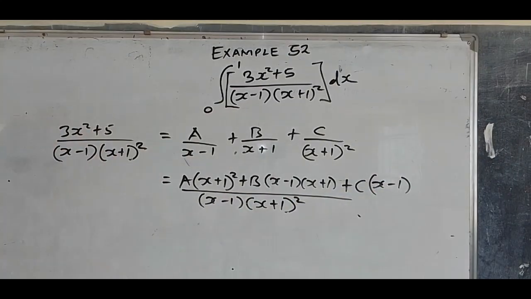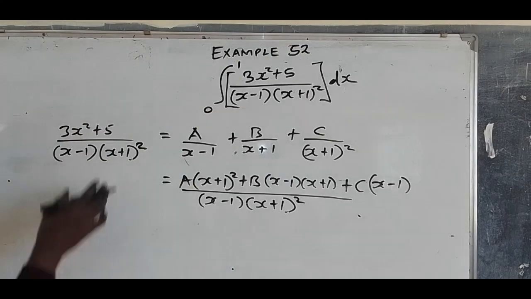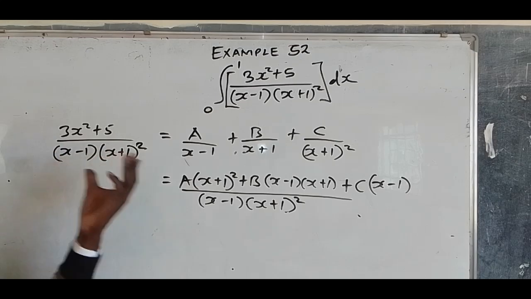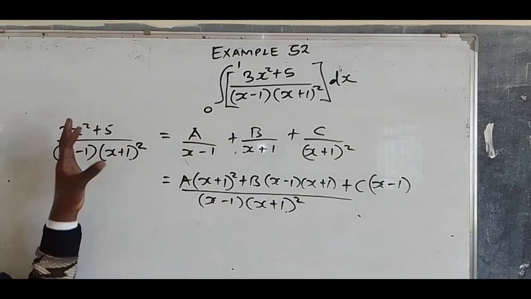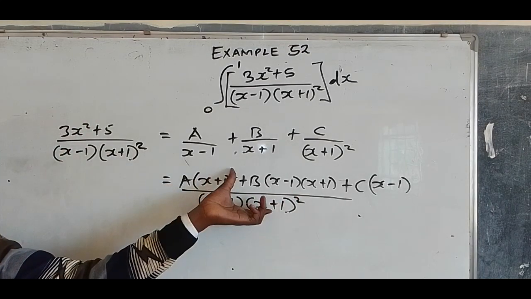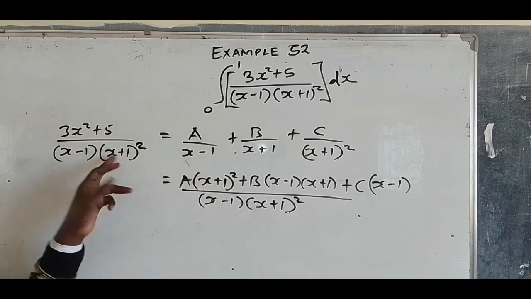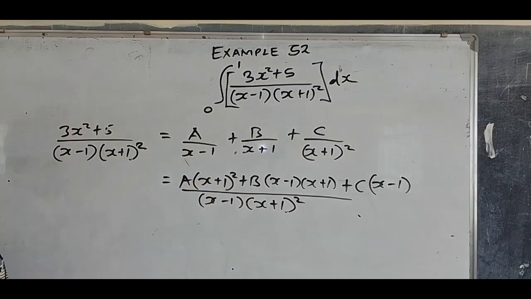Are we together? So after that, remember, it is this equation which is equal to this. If this equation is equivalent to this, the denominator is the same, so you compare the numerators, isn't it?